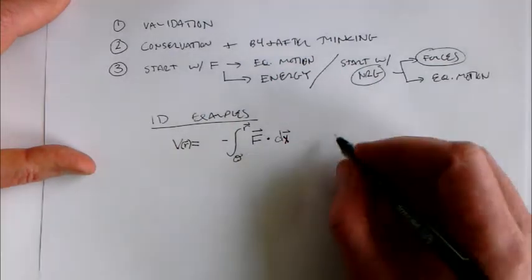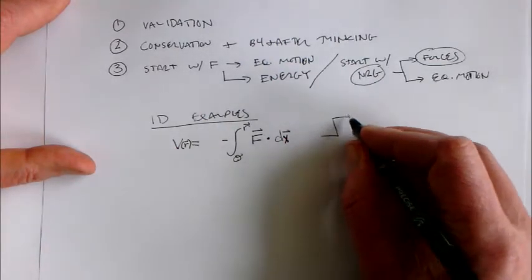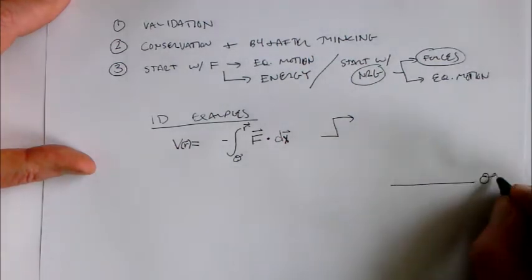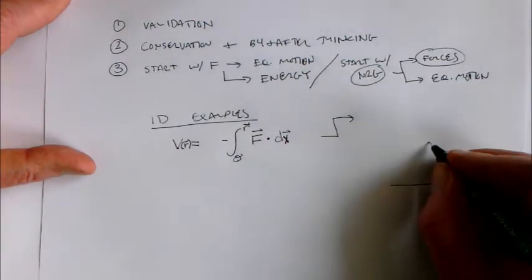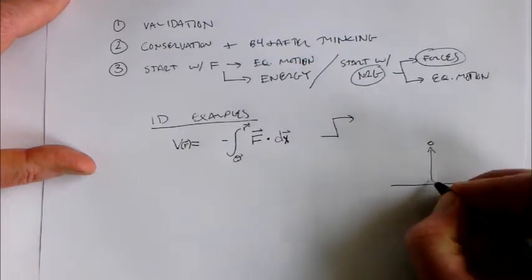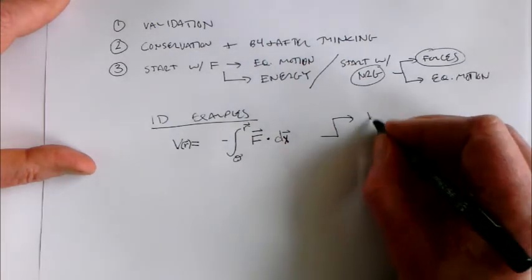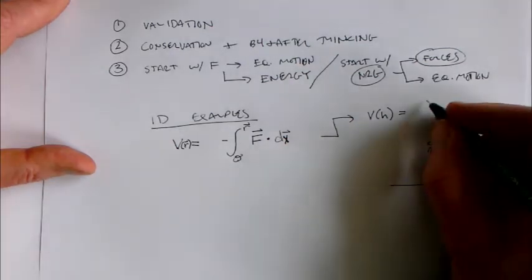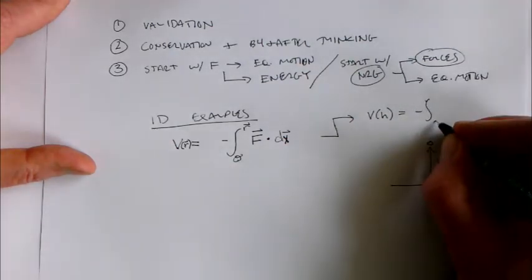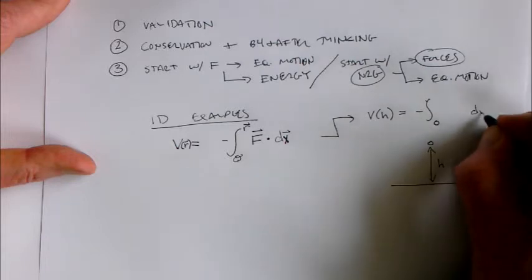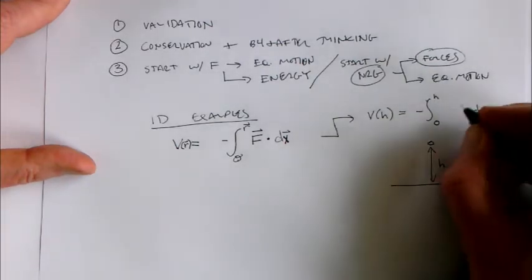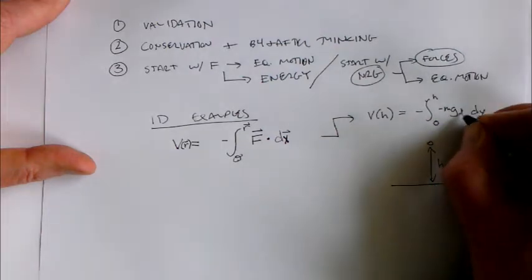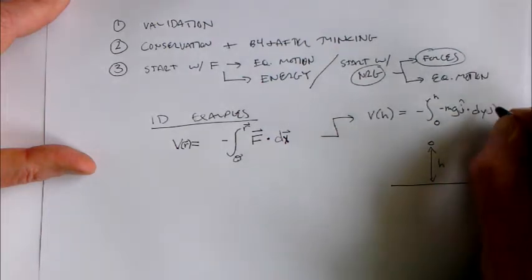So for example, if we're talking about gravity at the Earth's surface, the Earth's surface is my origin point. I'm interested in carrying some object up to some height h, and so the potential energy as a function of the height above the Earth's surface is minus the integral from y equals 0 to y equals h of minus mg in the j hat direction dot dy j hat.